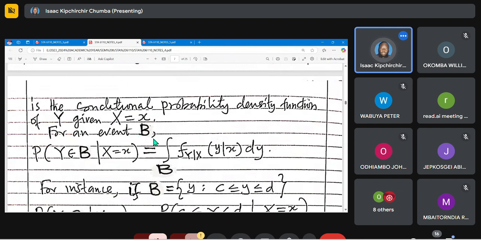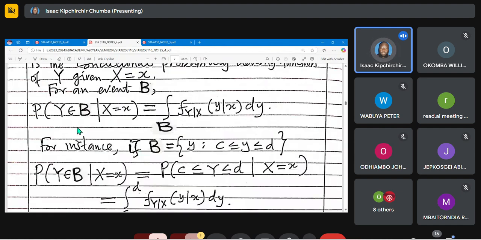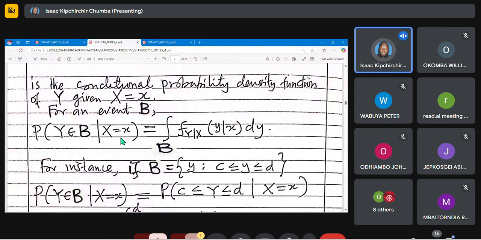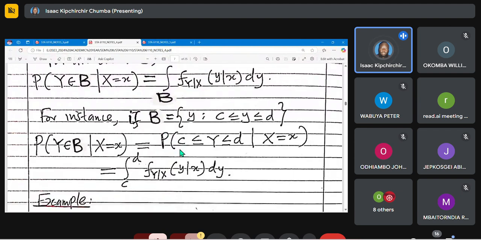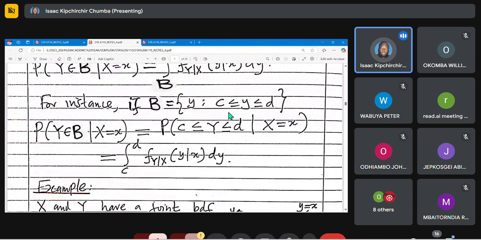And for an event B, you want to compute the probability that Y takes values in B, given that X has taken a value x: integrate the conditional of Y given X, now with respect to y, over that set. In particular, suppose B is the interval CD, so Y lies in the interval CD. You integrate the conditional over that interval with respect to y, and you will get the probability of interest.